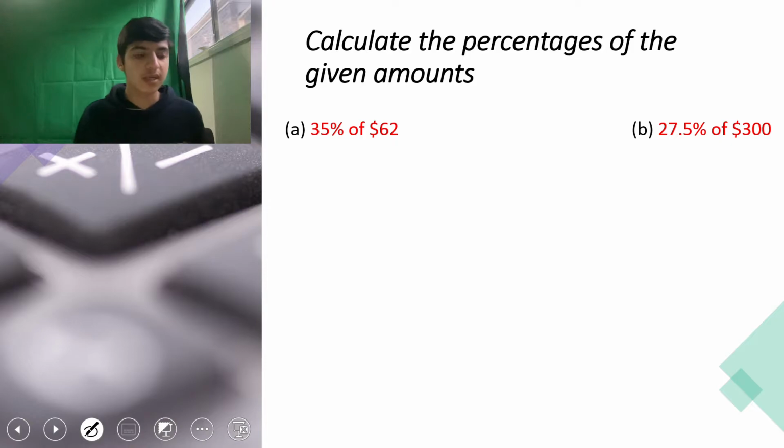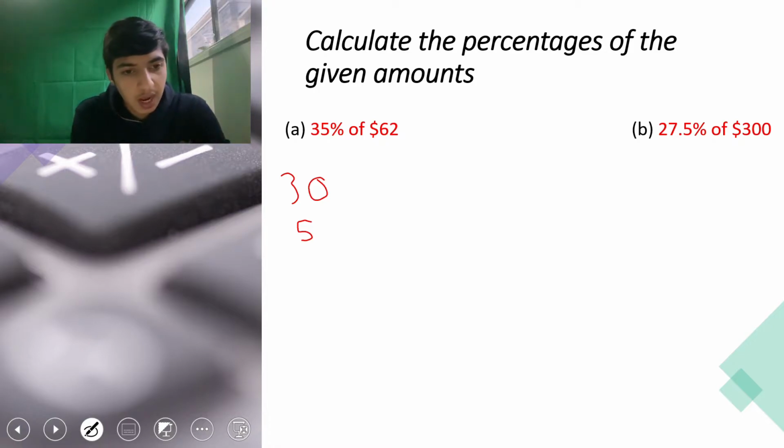My way is separating 35 into two easy percentages. I want to make one as 30% and one as 5%. So they are separate, okay? Then we have to find these of $62.